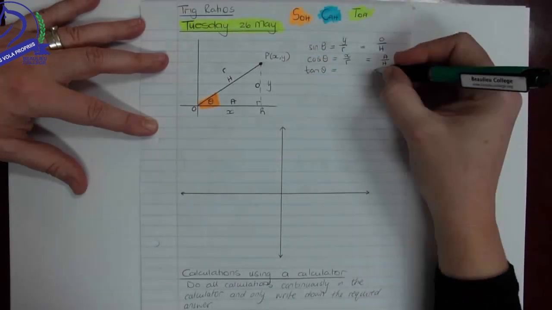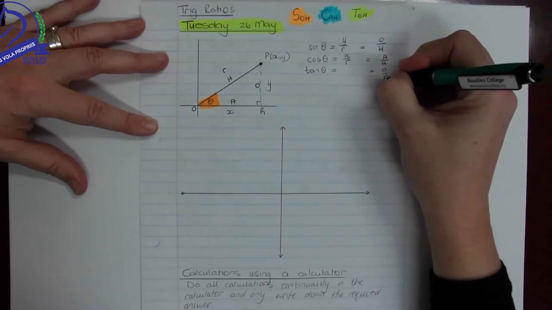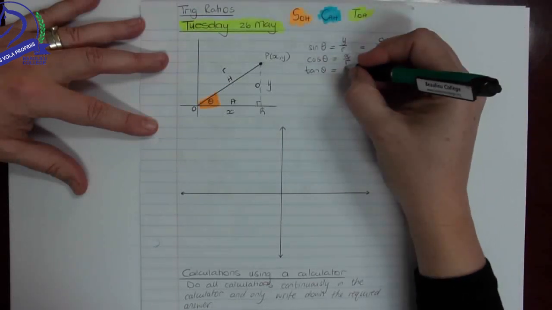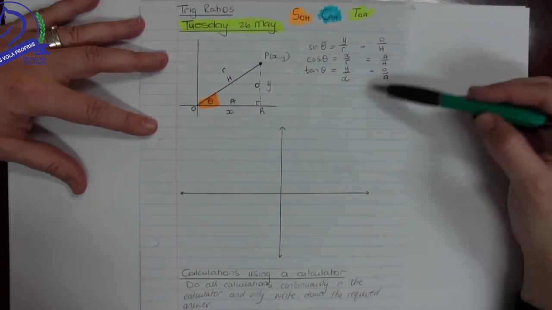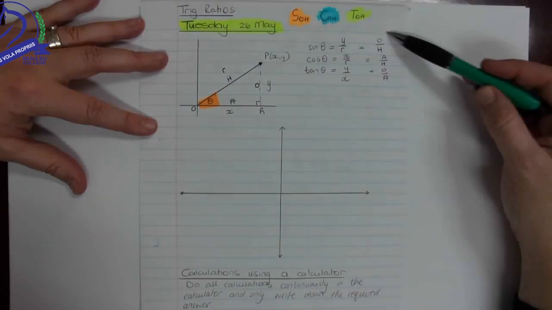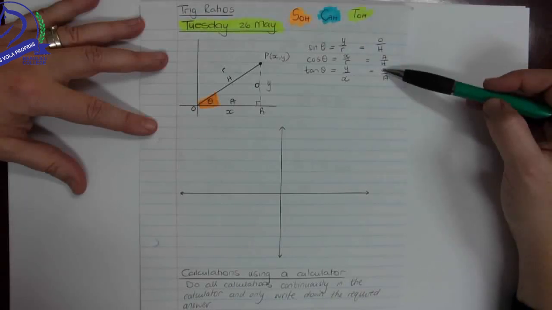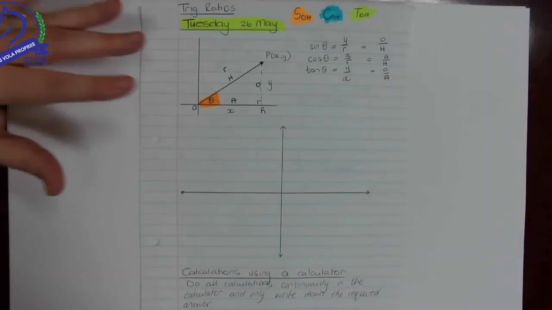Tan of theta is O over A, so I can say it is y over x. It doesn't matter which of these two you use. I use the O, H, and A version as we go along.